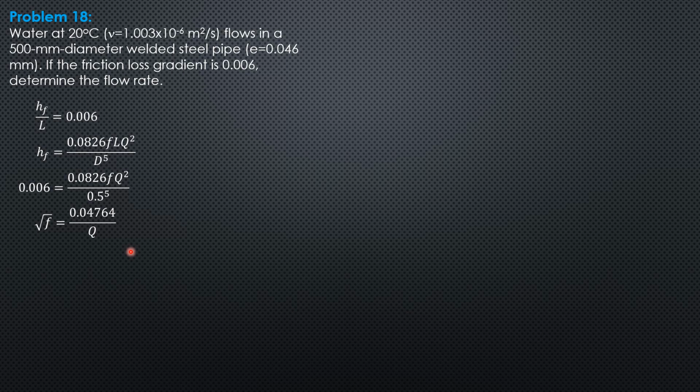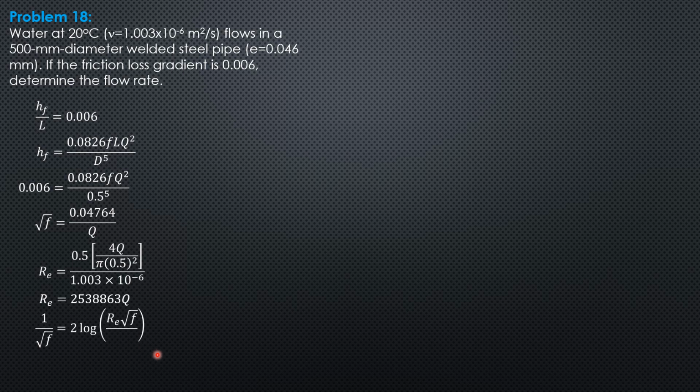Then since we will assume first the pipe is smooth, Reynolds number is diameter times mean velocity, 4Q over π D², over kinematic viscosity 1.003 × 10^-6. So Reynolds number is 2,538,863 Q. Then substitute into 1 over square root of f equals 2 log of Re square root of f over 2.51, assuming the pipe behaves as a smooth one.